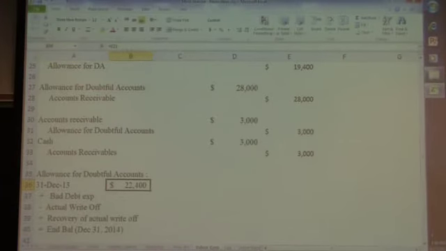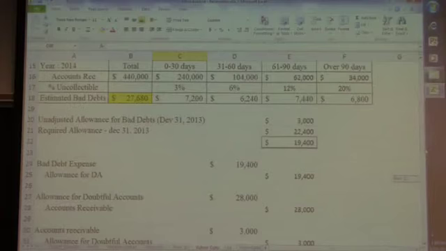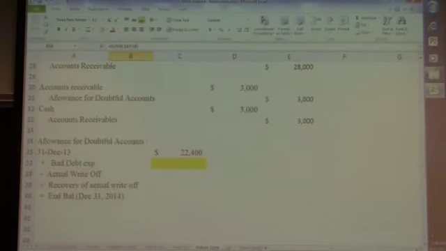So if I go by this equation here, my bad debt expense is something that I need to work out, because I want to know how much I need to provide for so I can bring the $22,400 to the ending balance of $27,680, because this is the allowance that I estimated I should have at the end of the period.